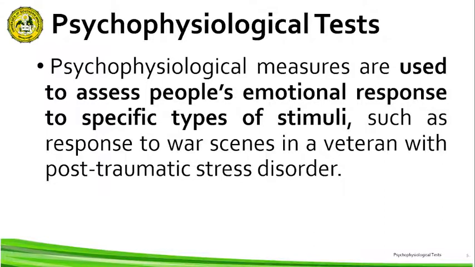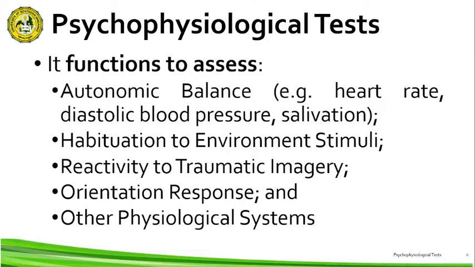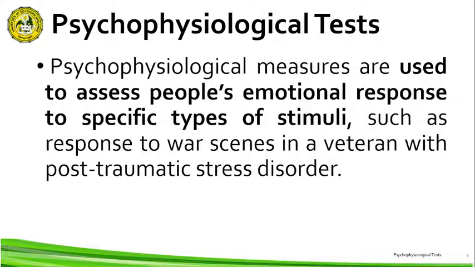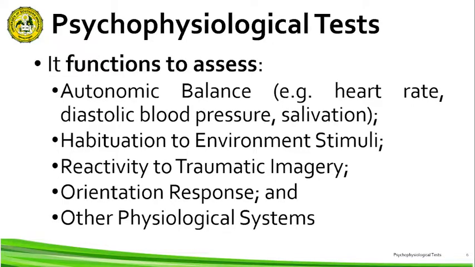Other studies have also found increased physiological responsivity in females with PTSD and increased heart rate responses to startling tones in individuals with PTSD. This psychophysiological test could also function not only in post-traumatic stress disorder, but also with the following.